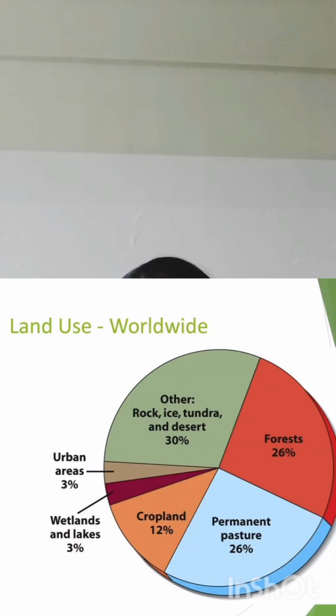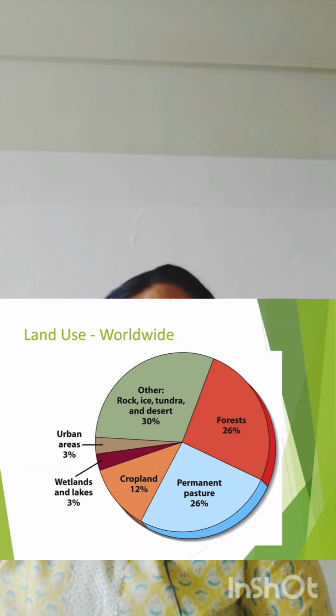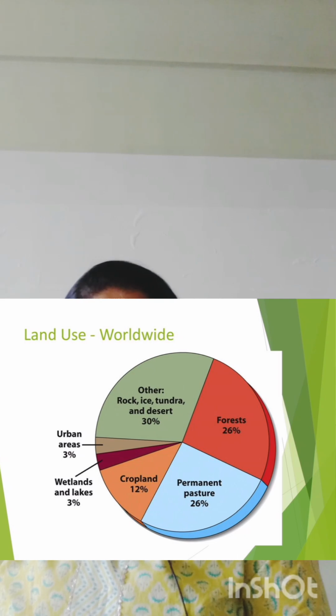The third one is the plateau region, which covers 27%, which possesses a rich reserve of minerals, fossil fuel and forests. In plateau also you can see forest, in plain area also you can see forest, but for the development of human beings, the forests of the plateau area and the plain area are day by day abolished.